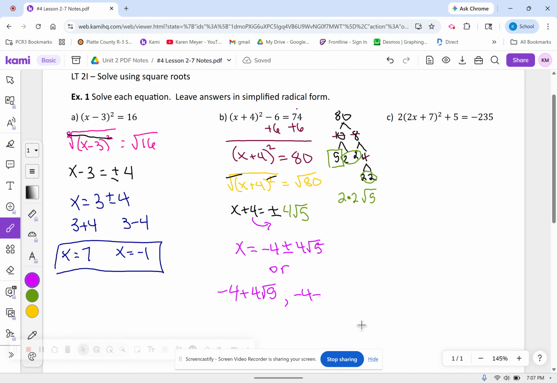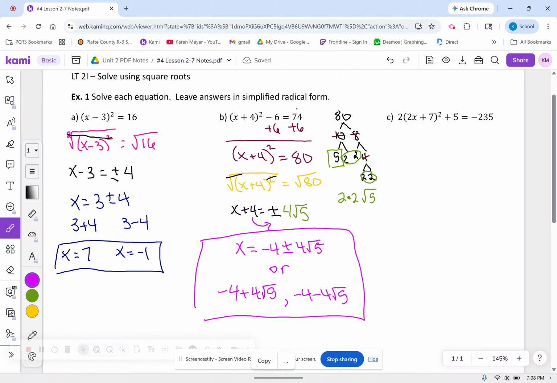Okay, but if you wanted to separate the plus or minus, you could like this, but please do not combine the -4 and the +4 because the one has a square root of 5 attached to it and the other one does not. So I don't care which way you write your answer, but remember with the plus or minus, that means it counts as 2 answers, or if you like to split it to see the 2 answers, then there you go.